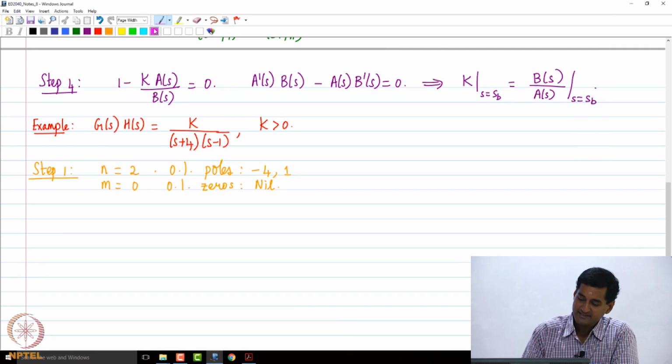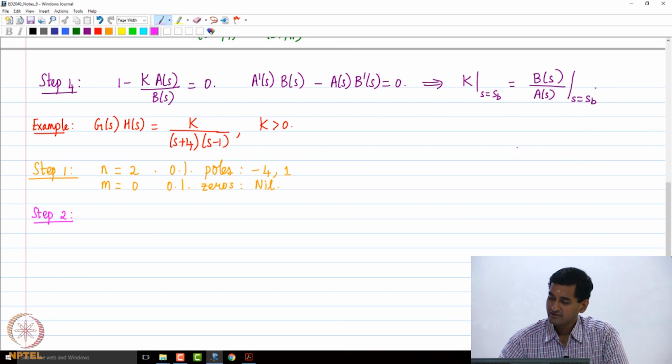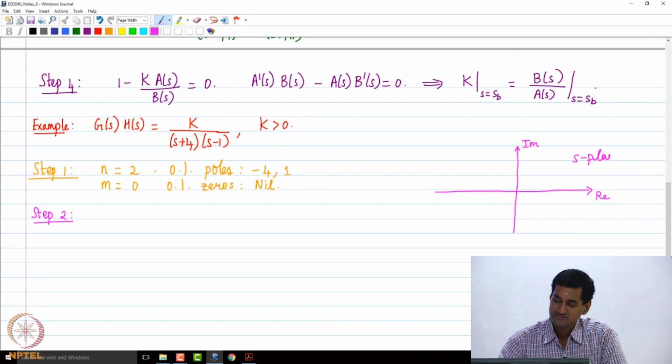Let's look at the second step. The second step is to locate the part of the real axis that lies on the root locus. Let's draw the S-plane and figure out what happens. The 2 poles were at 1 and -4.